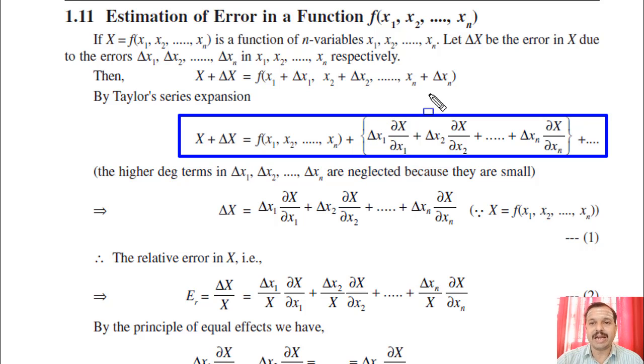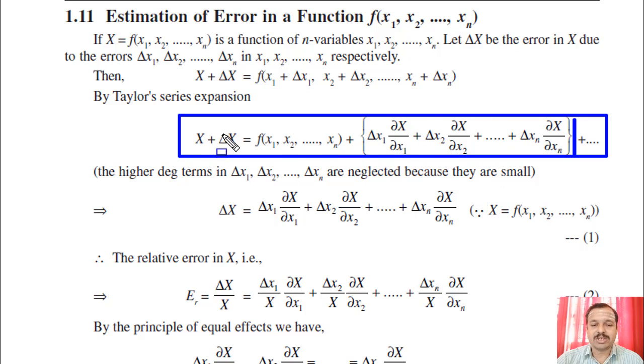Therefore, we can neglect the terms with higher powers of delta x1, delta x2, ..., delta xn, so that only these terms contribute to the final answer.